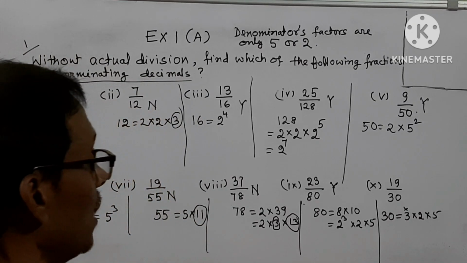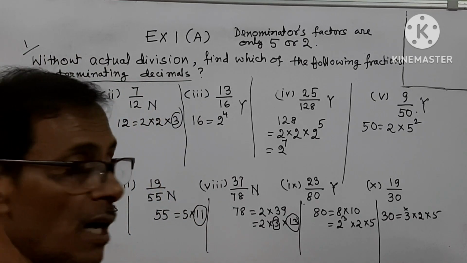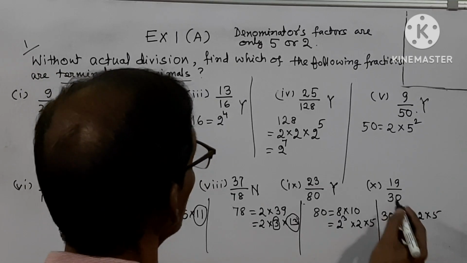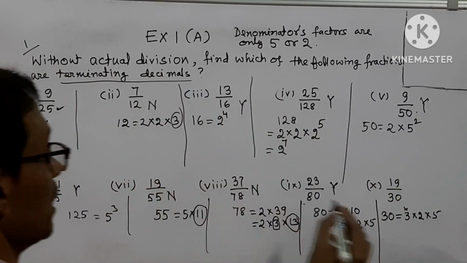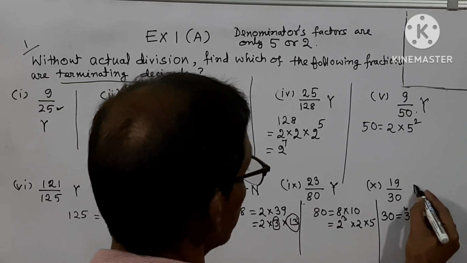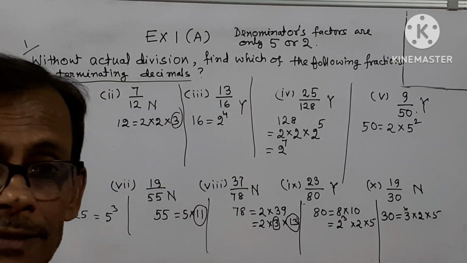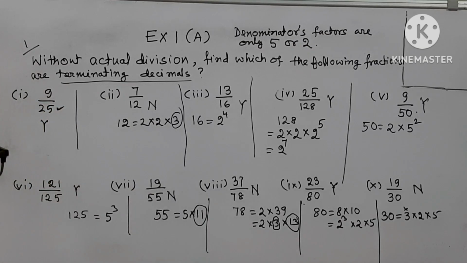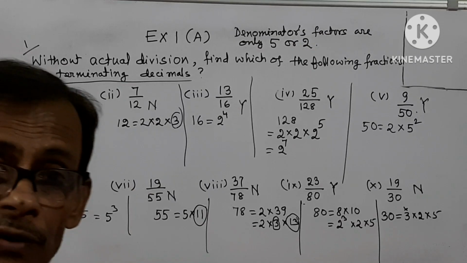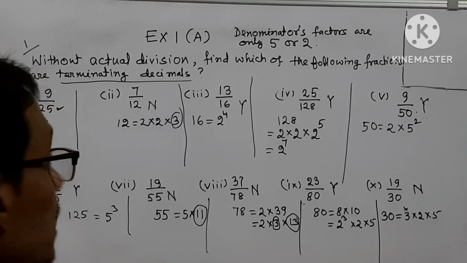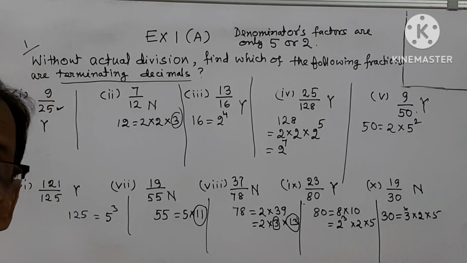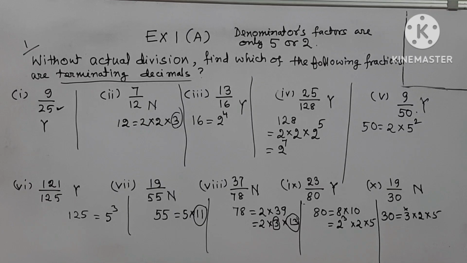Other than 2 and 5, none of the prime numbers are allowed for a terminating decimal. So 19 by 30 also will not be a terminating decimal number. Hope you understood this concept, how to identify whether a number will be a terminating decimal or not without actually dividing.